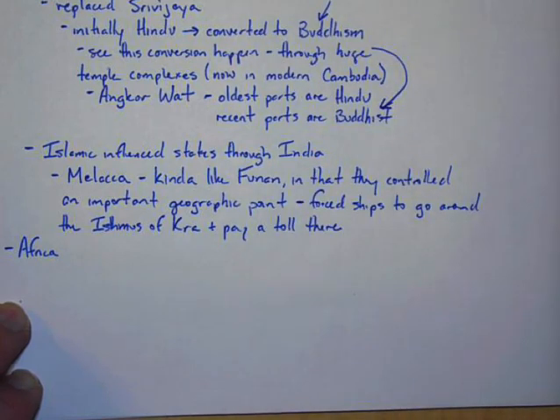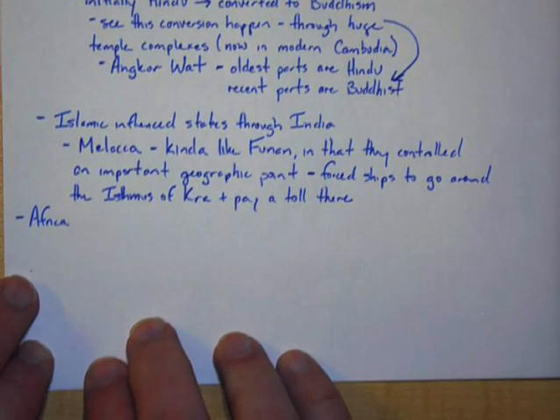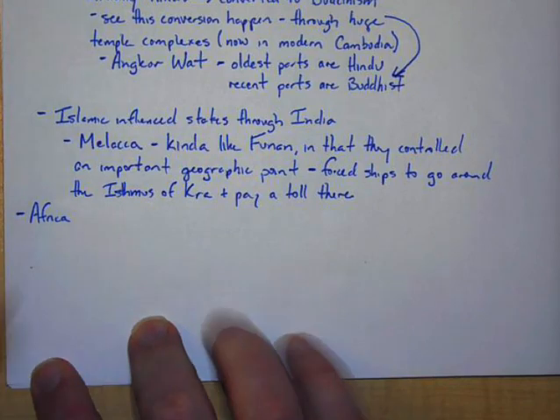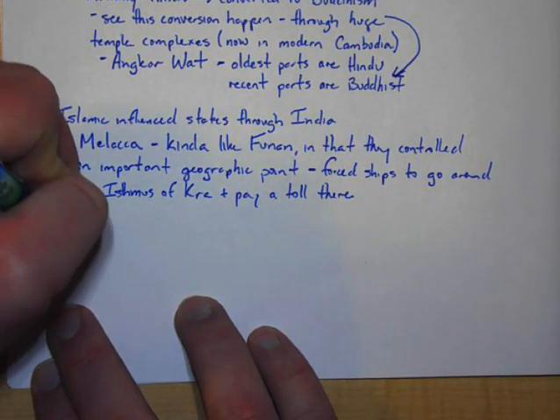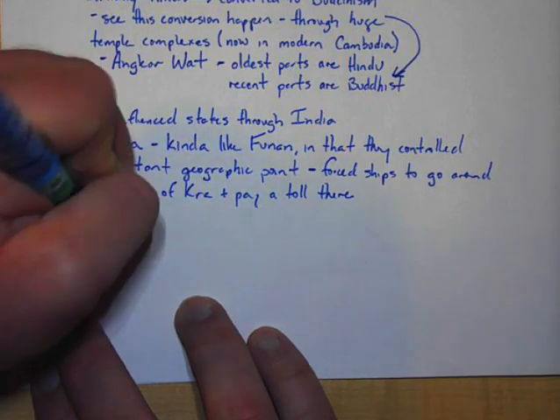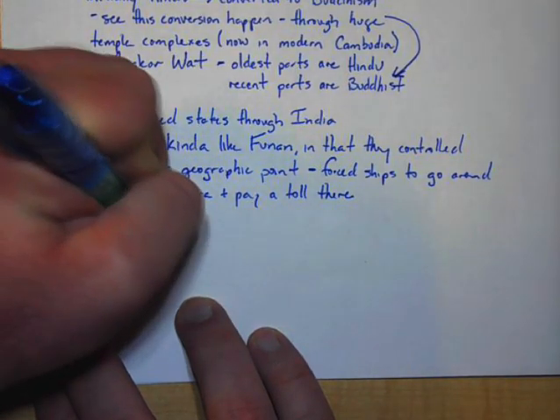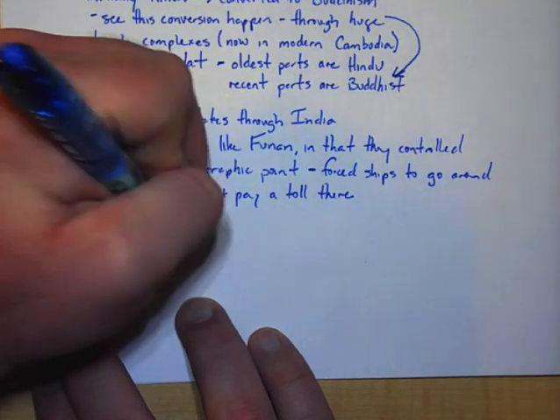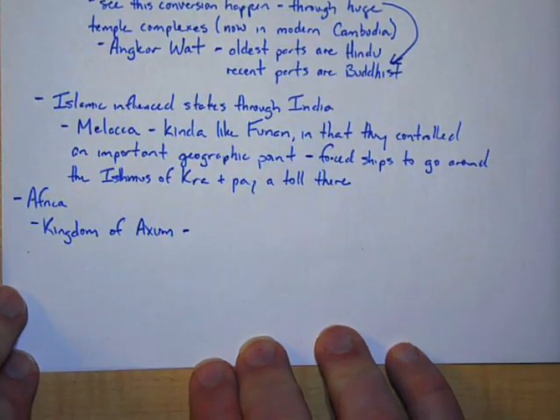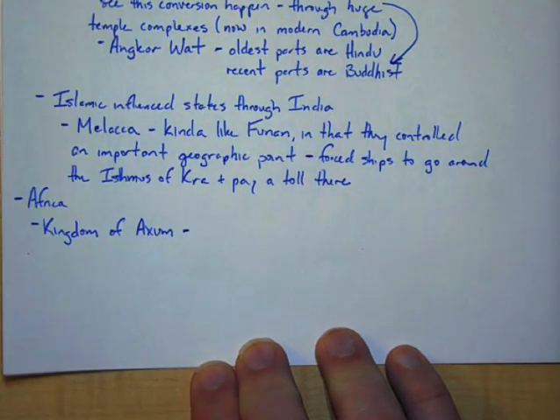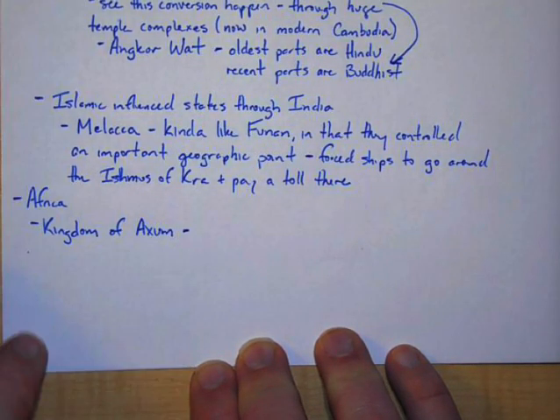So one place in here that doesn't quite fit the description we've been talking about is the kingdom of Axum. Now, I bring up the kingdom of Axum here for two reasons. One, there's no other good time to really talk about the kingdom of Axum.